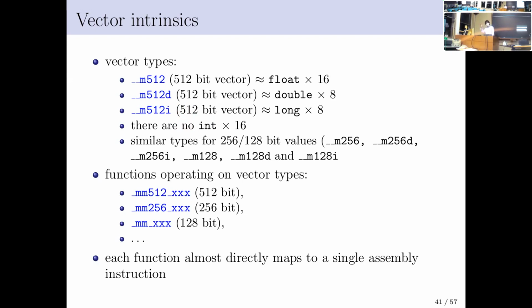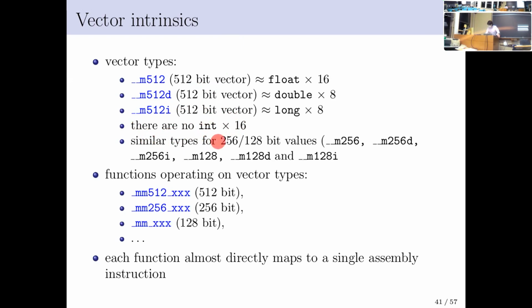Well, that's in a way confusing. In terms of the type, there's no type representing 16 32-bit integers, even if there is actually an instruction that can operate on this as if it is 16 32-bit integers.